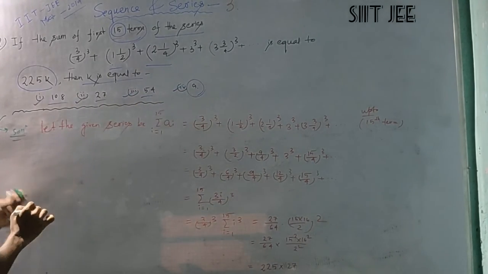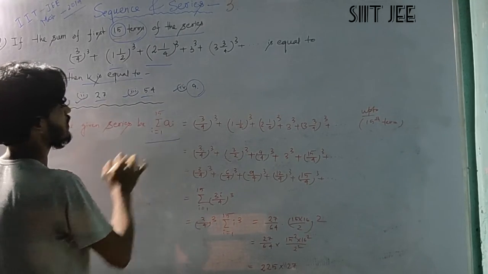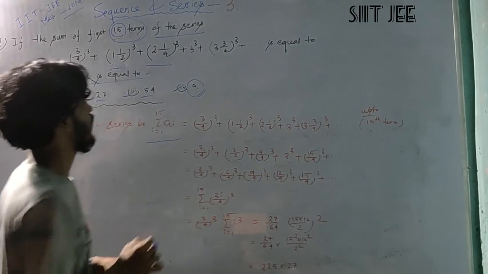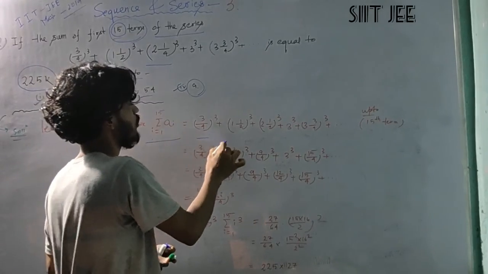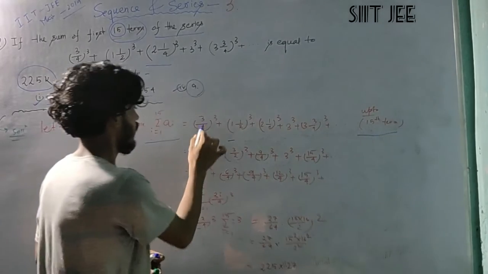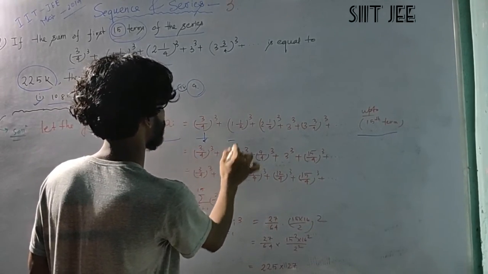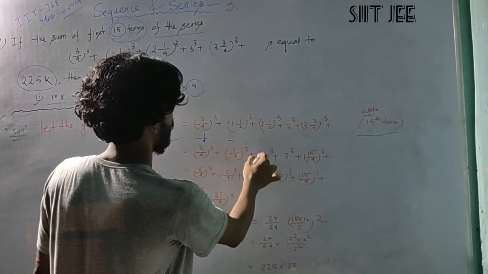Similar to the previous, let us consider the given series as summation a_i, where i rises from 1 to 15, and also given is 3 by 4 cube plus 1 of 1 by 2 cube and so on up to the 15th term. Now solving this, 3 by 4 cube plus 3 of 3 by 2 cube.